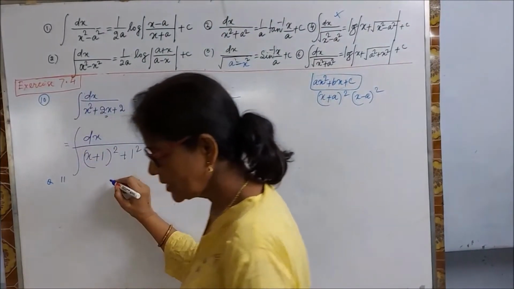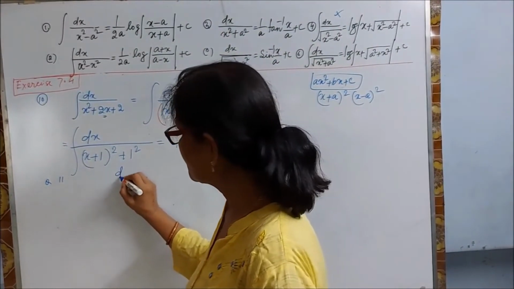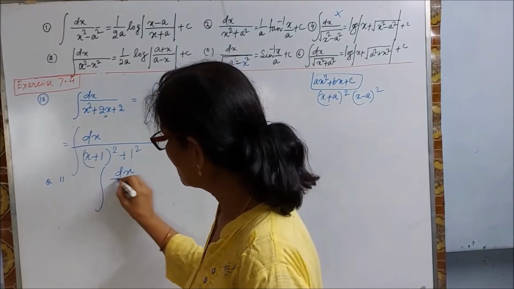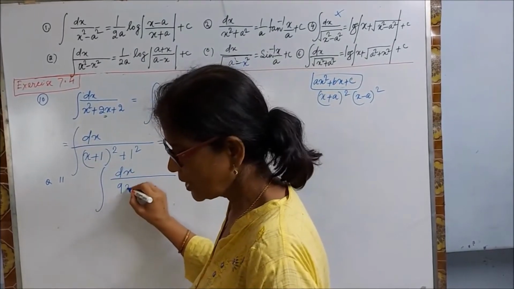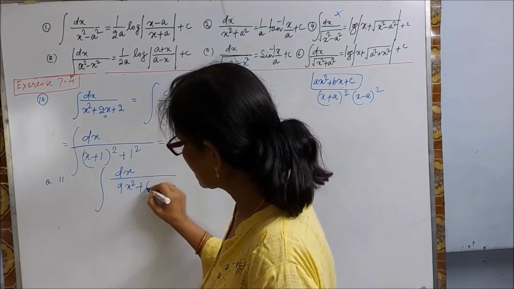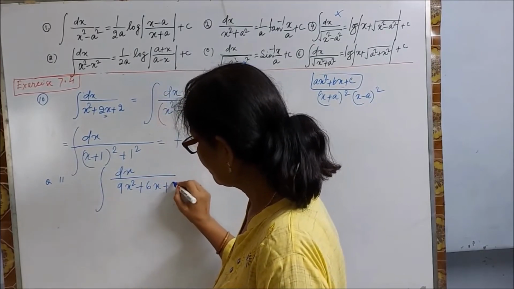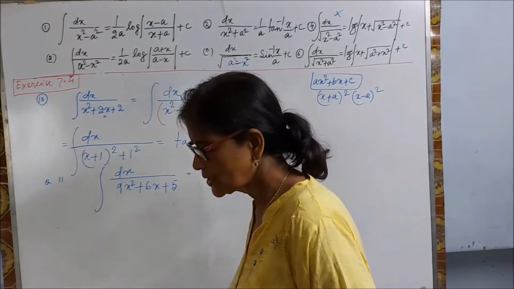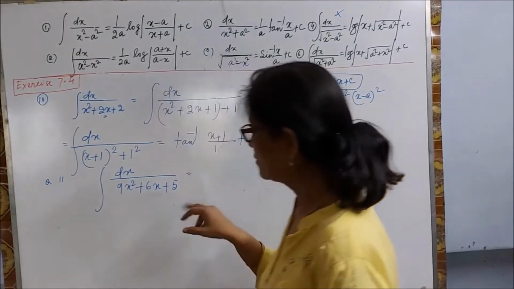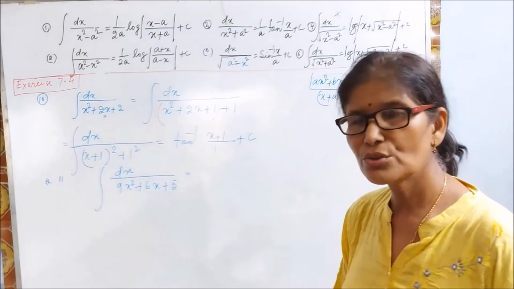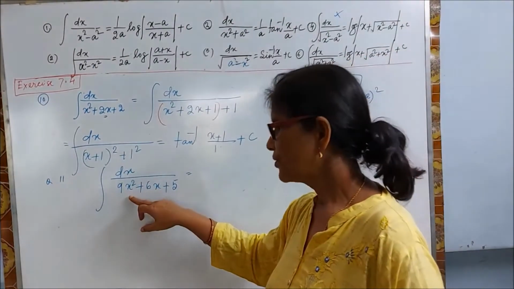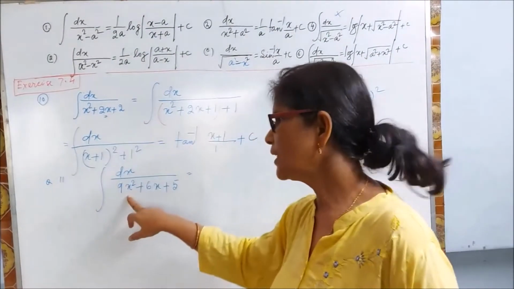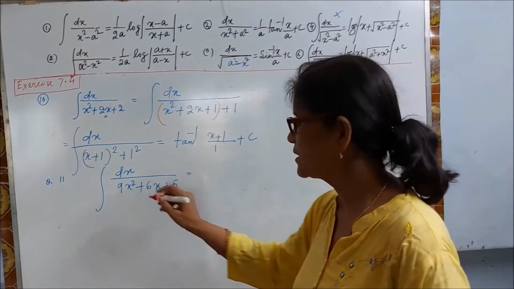Question number 11 is dx by 9x square plus 6x plus 5. Okay. So how do we do this question? Think of what should be there with 9x square plus 6x.